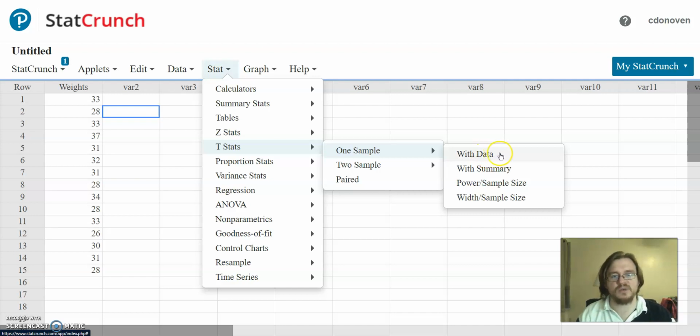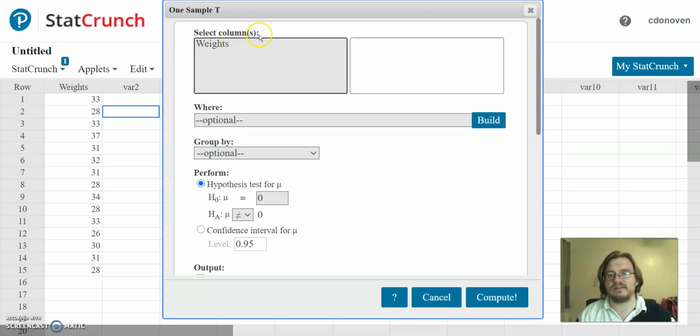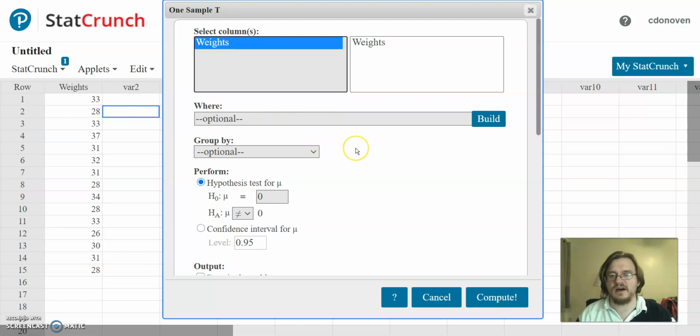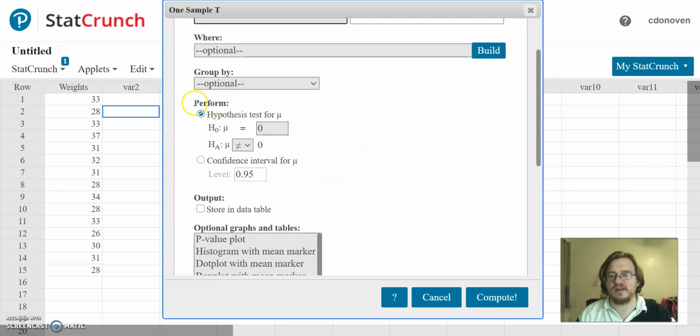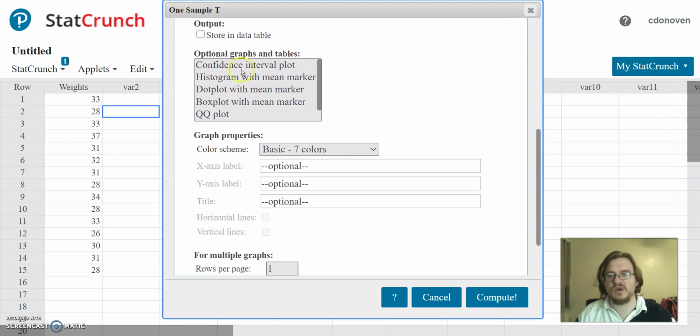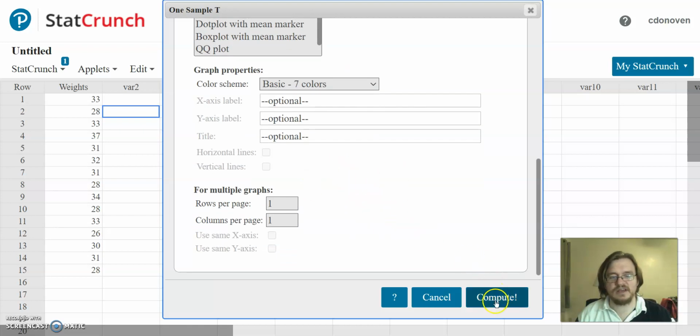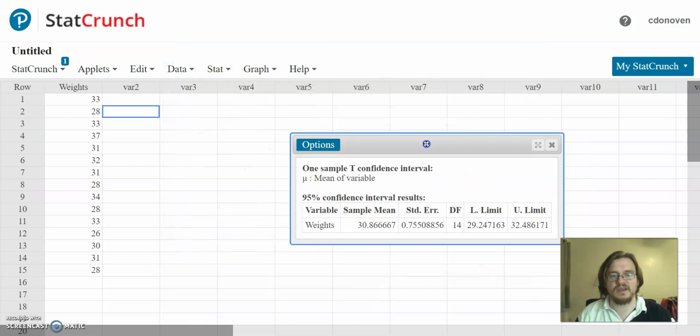So I want to look at With Data. I have to select which column this is in, which is the weights column. It gives us a couple of things to perform. We can either perform a hypothesis test. This is not what we're doing; we'll do this in later chapters. What we want to do is a confidence interval. Again, the confidence level is going to be 0.95, so that's already there. We get to ignore the rest of this and click Compute.